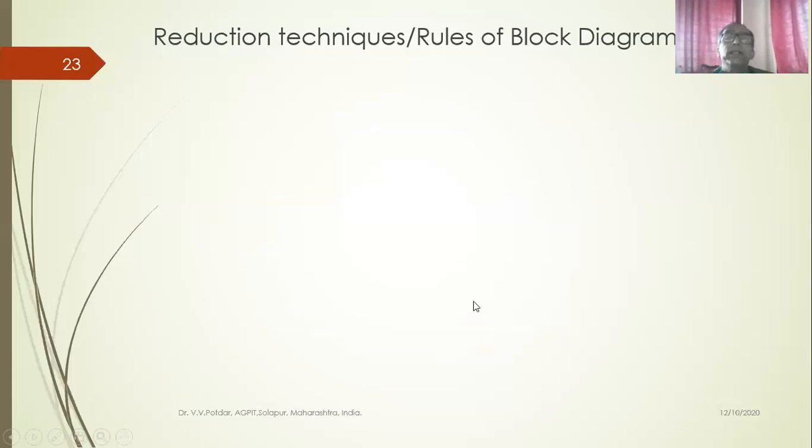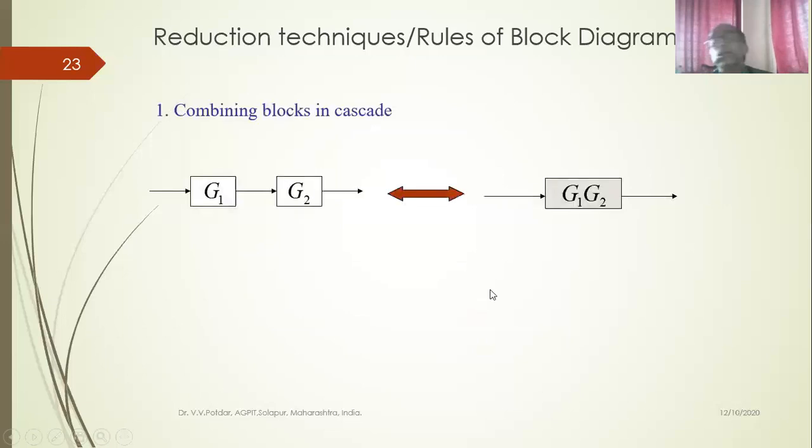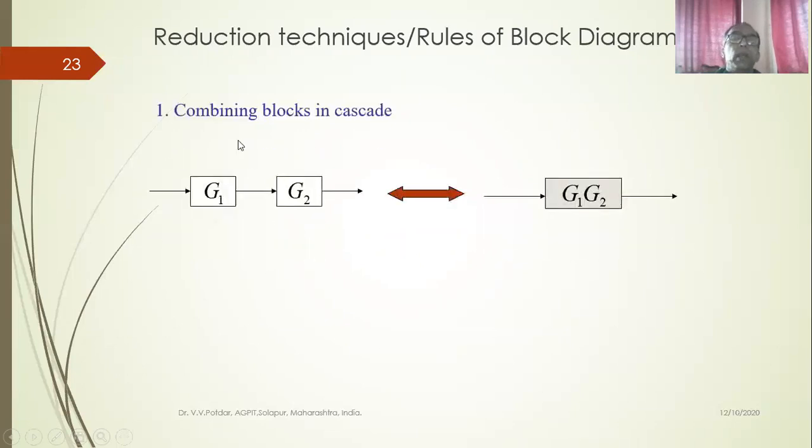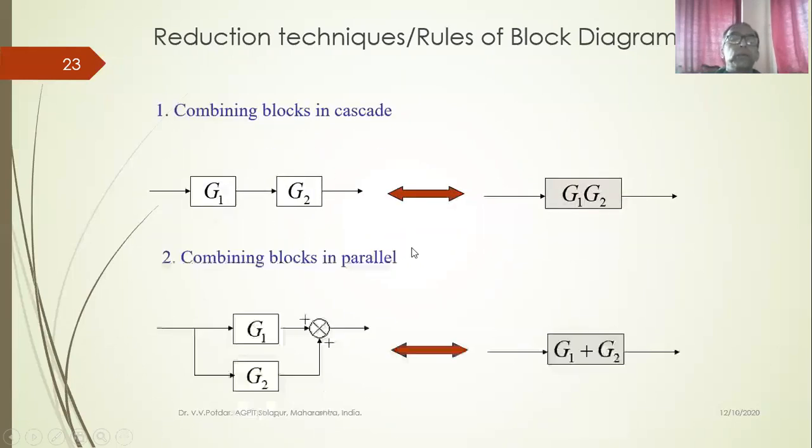Now, reduction techniques, rules of block diagram algebra. The first rule we already discussed, we'll quickly go through: combining blocks in series, or combining blocks in cascade. G1 and G2 are two blocks. When these are combined, we just multiply them and replace them by one block, G1 into G2. Second rule, combining blocks in parallel. Now, what are the parallel blocks?